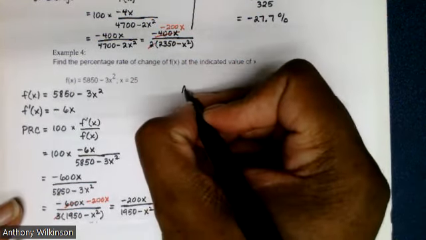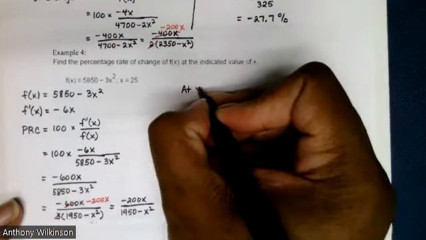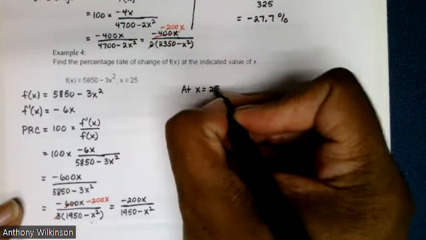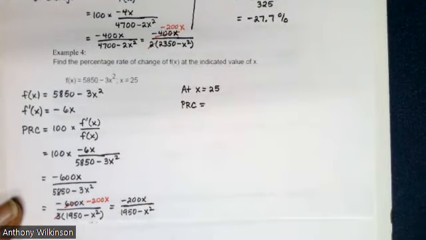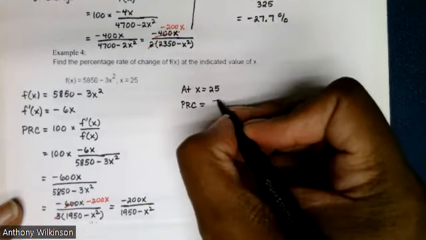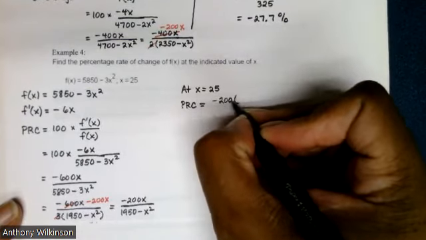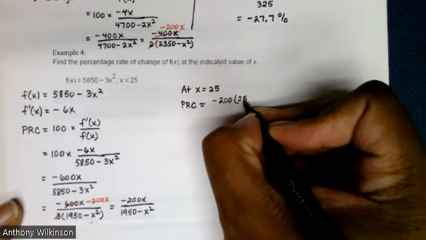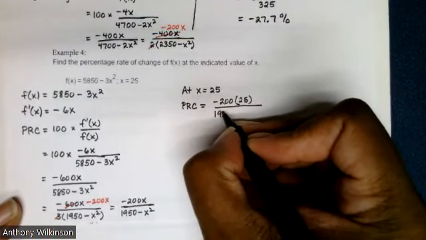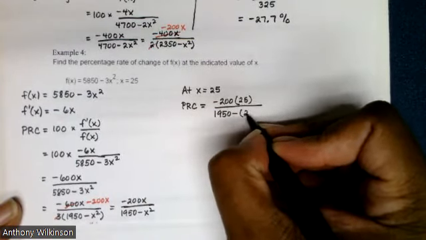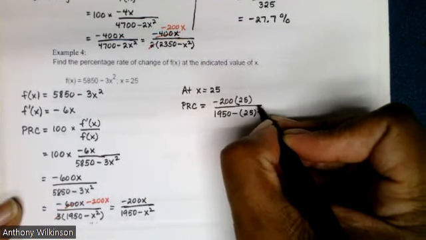So that expression represents the percentage rate of change. All right, so at x is equal to 25, the percentage rate of change, which I'm abbreviating as PRC, is equal to negative 200 times the x, which is 25, divided by 1950 minus x, which is 25, and that's going to be squared.